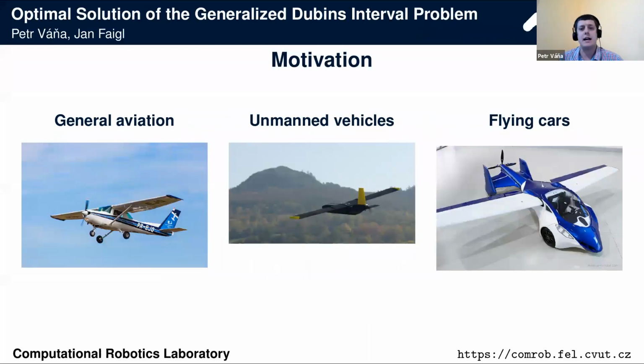But I would like to start with a motivation slide. We live in a time when there are so many aerial vehicles, and on the left side you can see a classical Cessna, which is probably the most common general aviation aircraft. In the middle, there is an example of an unmanned aerial vehicle, which we have here at our department.